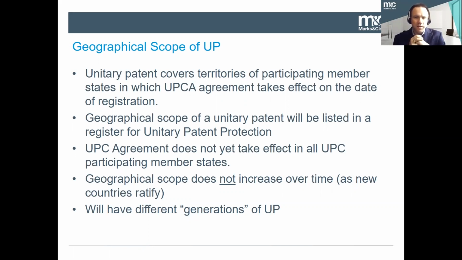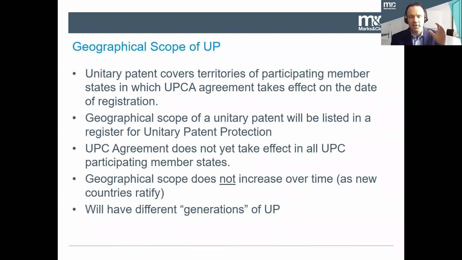If the unitary patent is granted at a time where a member state hasn't actually deposited the instrument of ratification, then the unitary patent cannot cover that member state. Let's go back to the example of Ireland. If a unitary patent is granted before Ireland actually deposits the instrument of ratification, then the geographic scope simply excludes Ireland.